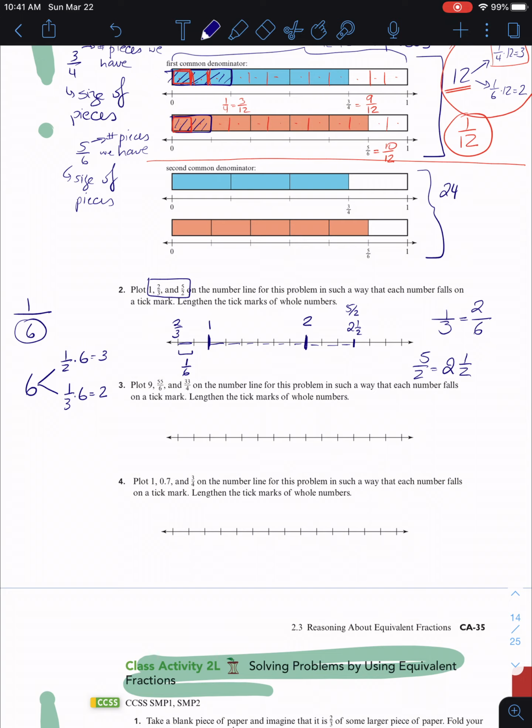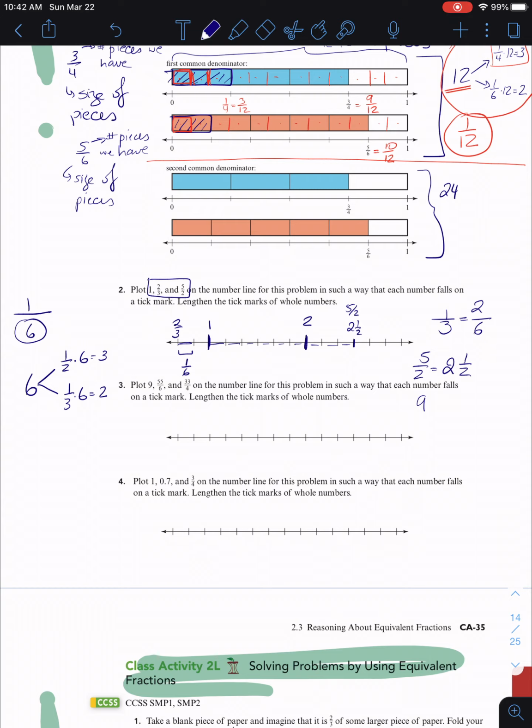Let's see. We have 9 and 55 sixths and 33 quarters. Now, how many sixths do you need to fill a hole? That's 6 sixths. And if we have 55 of them, do we have more than 9 holes or less than 9 holes? Well, 54 sixths is 9 holes.